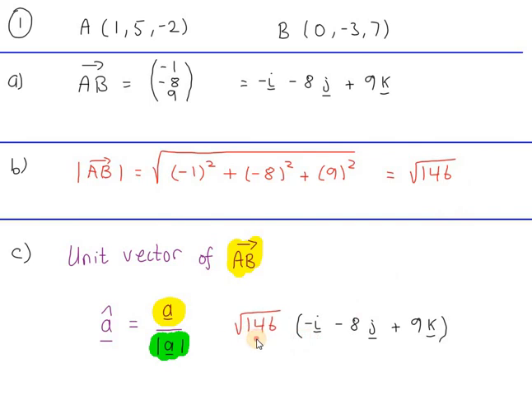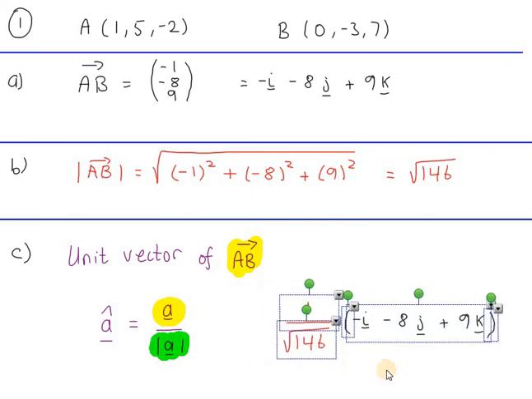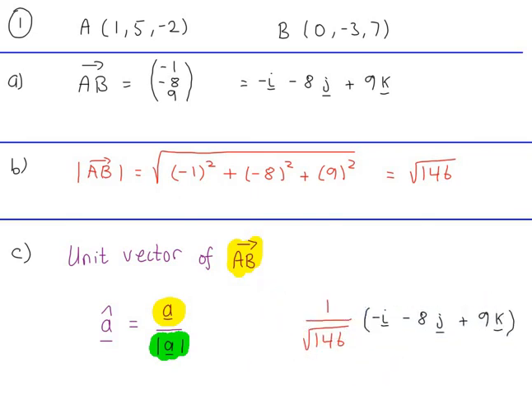But I'm not multiplying by it, I'm dividing by it here. So instead of dividing by root 146, I can write that as 1 over root 146. It looks more convenient to have it like this rather than dividing the whole thing by root 146. So this is a unit vector, so it has a magnitude of 1 and it's in the same direction as vector AB.